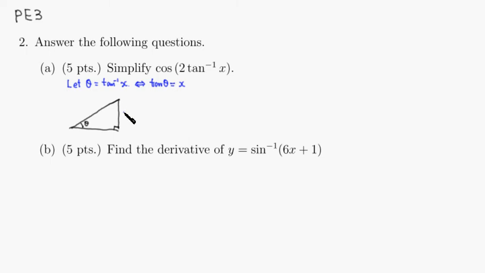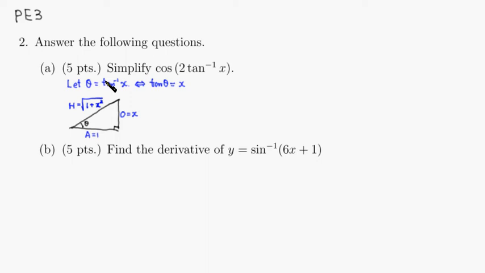We can just set opposite to be x and adjacent to be 1. And using the Pythagorean theorem, this hypotenuse h is going to be the square root of 1 squared plus x squared, sorry.